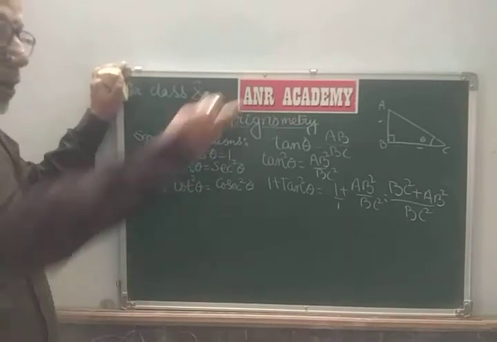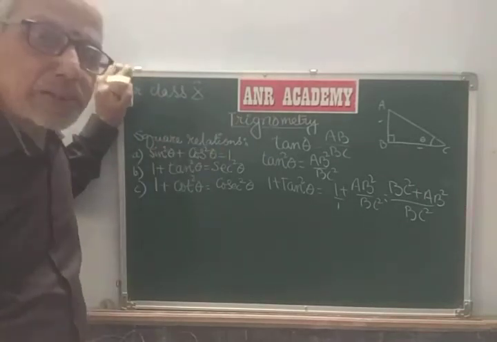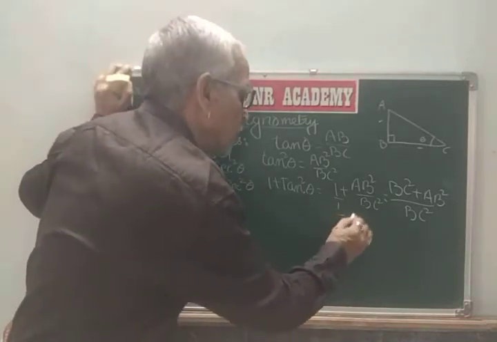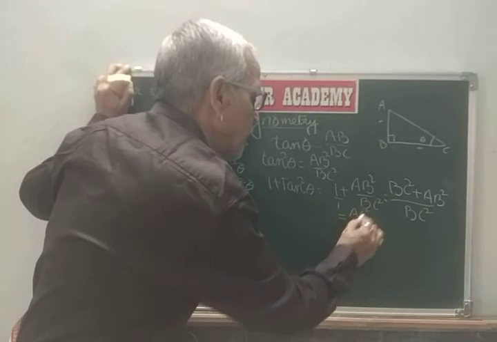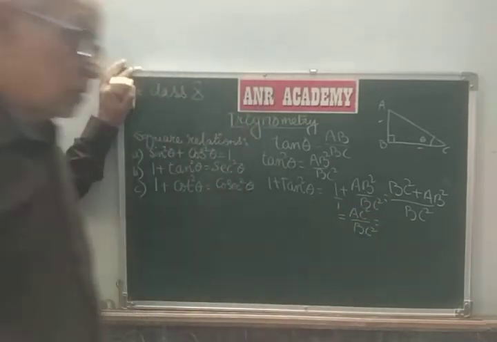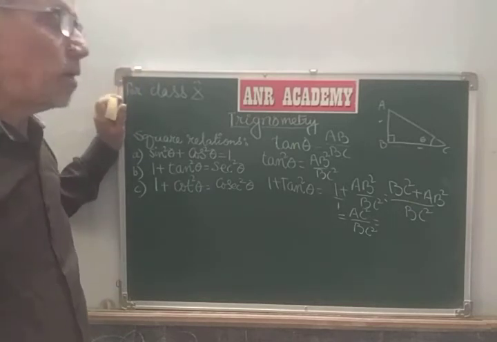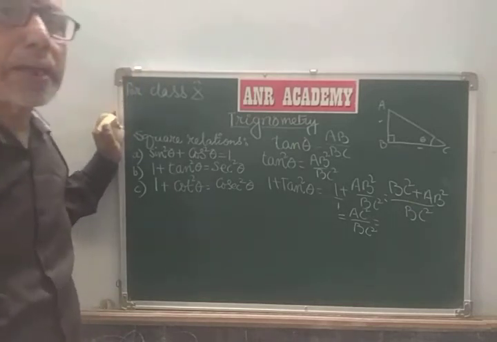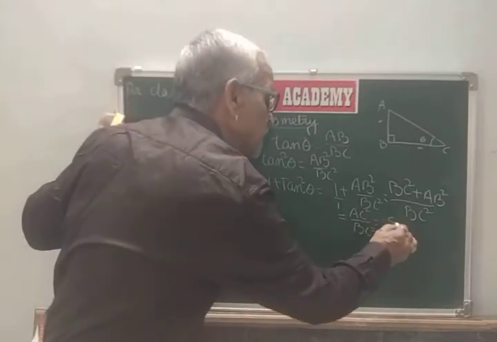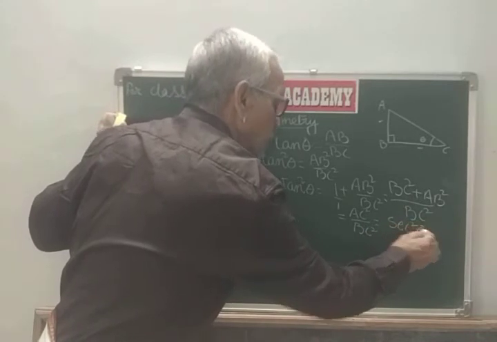So according to that right angle triangle, what is BC square plus AB square? AC square. According to our definition, hypotenuse square by adjacent side square is secant square theta.